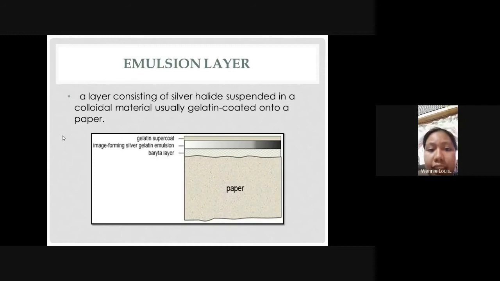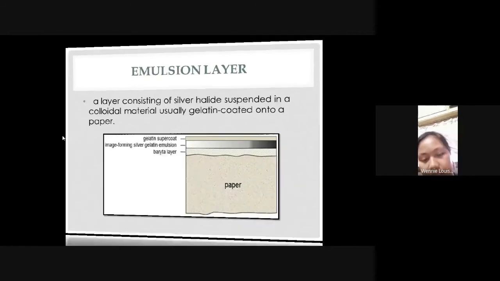Silver halide is responsible for forming the latent image. The more light exposed, the blacker the result in the latent image. And the less light passes through the silver halide, the lighter or whiter the latent image. Next slide, please.